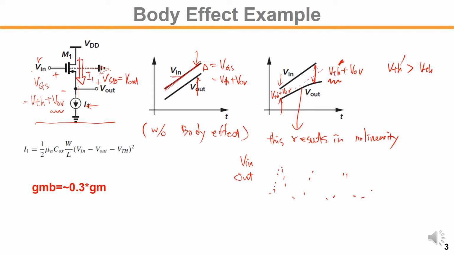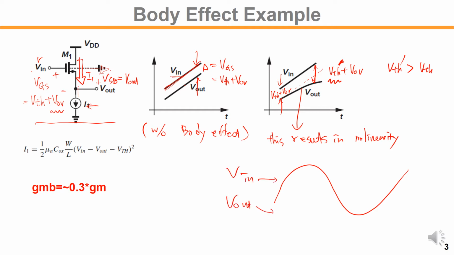I'd better draw more clearly. For example, the input is like this, Vin, and Vout is like this. But because of this VTH variation, higher voltage will get more drop.